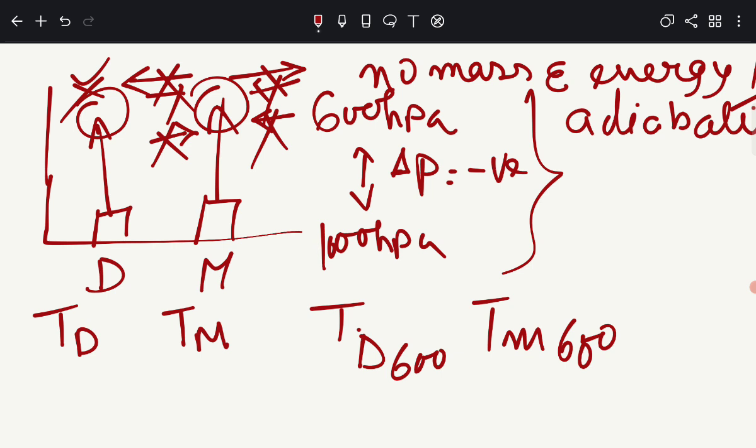We are not referring to that as potential temperature. We are referring to it as temperature only, not potential temperature. Please remember, because what we are saying is when it goes up, your temperature will decrease. That is a different way of telling.